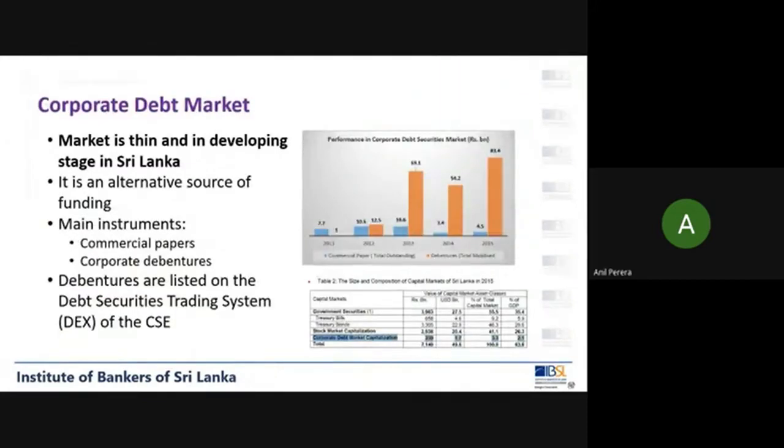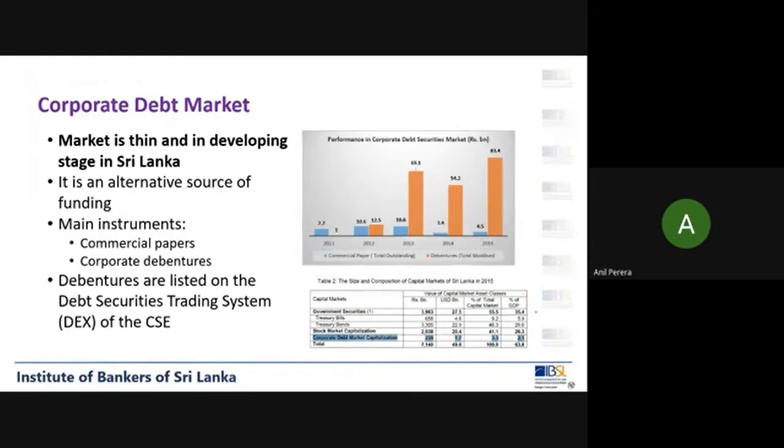Then we have the corporate debt market. Corporate debt market means the private bond market, the private sector bond market. This market in Sri Lanka is very thin and at a very developing stage. We don't even have some good numbers to measure this. If you look at this table, you will see here we have some numbers based on GDP.